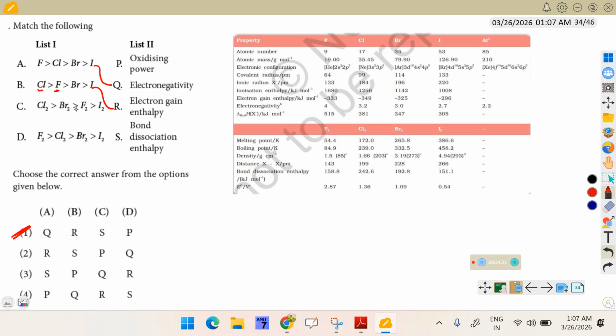Next one, bond dissociation energy: 143, 199, 228, 266. Here values are given, check it. Bond dissociation energy of fluorine is less compared with chlorine and bromine due to repulsions. Finally, oxidizing power: from top to bottom in groups, oxidizing power decreases.